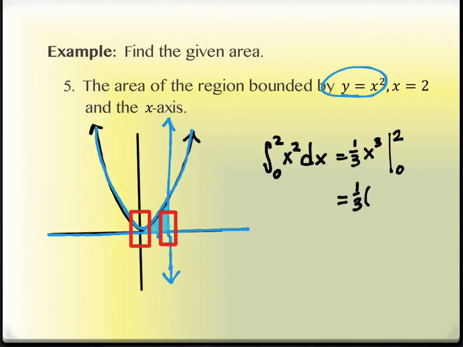This would be 1/3 times 2 cubed minus 1/3 times 0 cubed. Again, I'm showing the very bare minimum of what you have to show. Everything on this problem is exactly what I expect to see. What would I get for my final answer? 8/3 is correct.